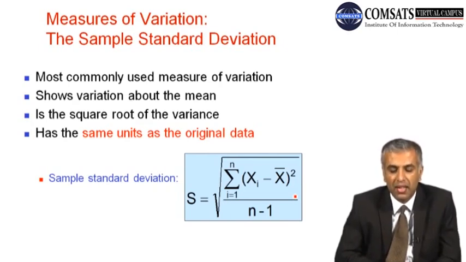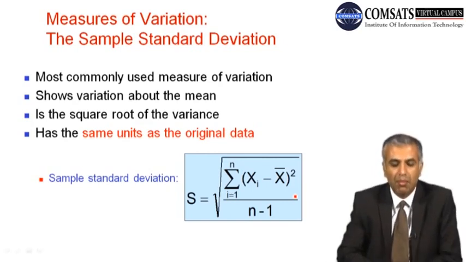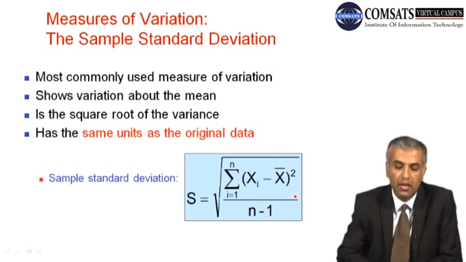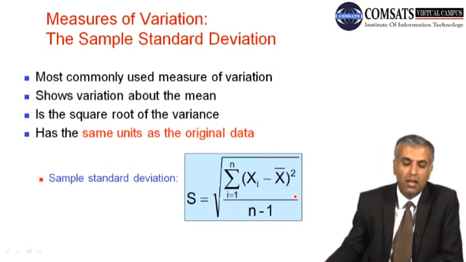So sample standard deviation can be easily calculated. We have just taken the square root, as evident from there. It's basically the same thing, with the only difference being that we are using the square root of the same formula used for variance.